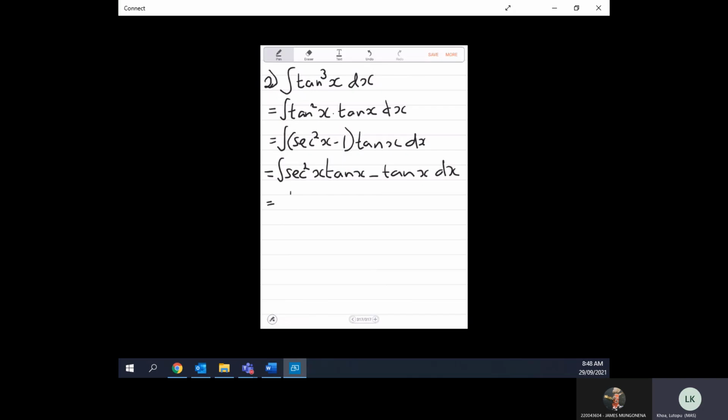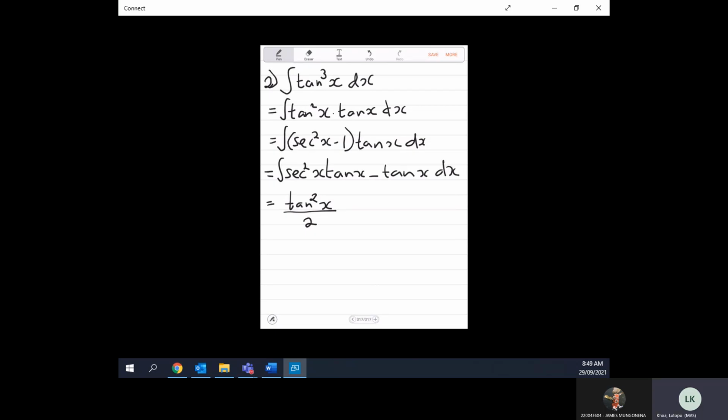So this is just tan squared x over 2. And then for the second one, to integrate tan, we would write it as sine over cos, and the derivative of cos is the sine that is on top. So that would be plus ln of cos.